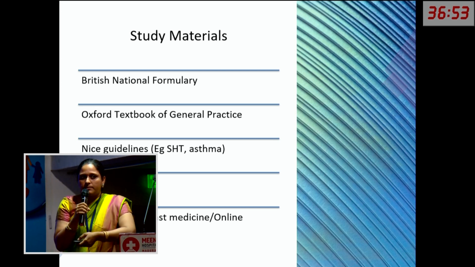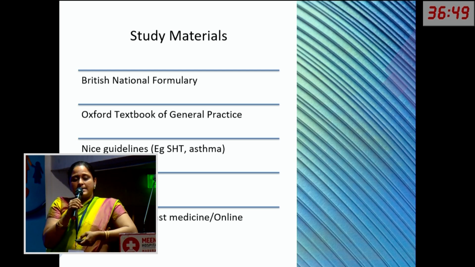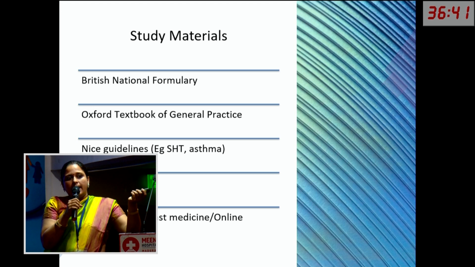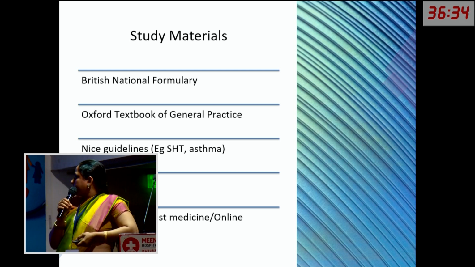You should go through some WHO guidelines. Apart from that, there is online study material with some 4,000 to 4,200 MCQs. You can work on those MCQs, and wherever you make mistakes, go back and refresh your theory.